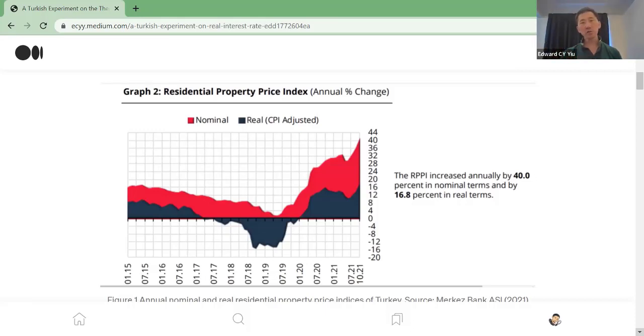The chart shows that in October 2021, the growth rate of the housing price index reached 40% per annum. It is the highest rate of change in the world, and even excluding inflation, the real growth rate of Turkey's housing price index is about 16.8%.